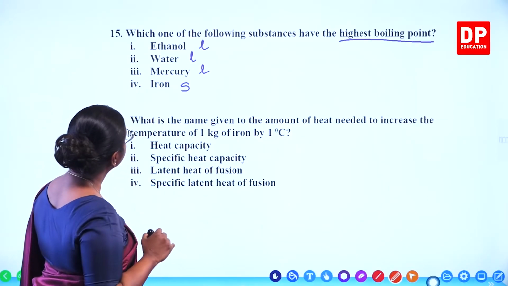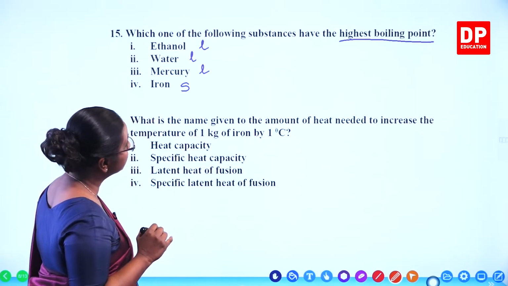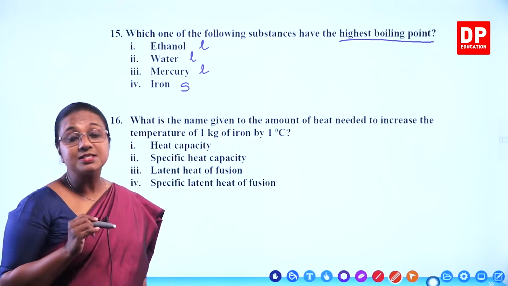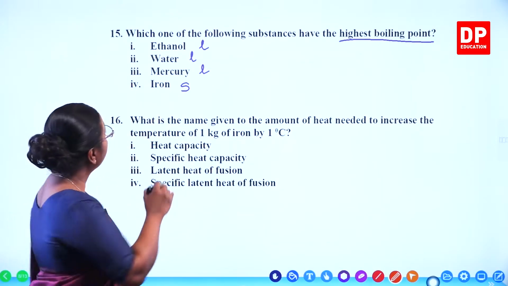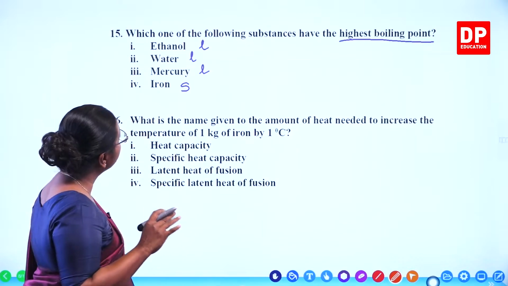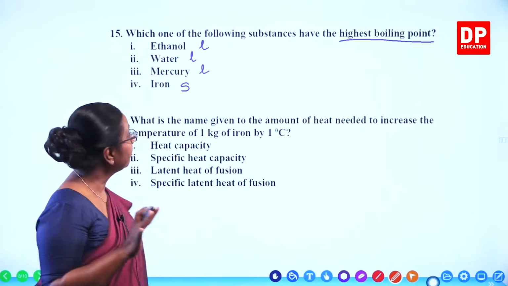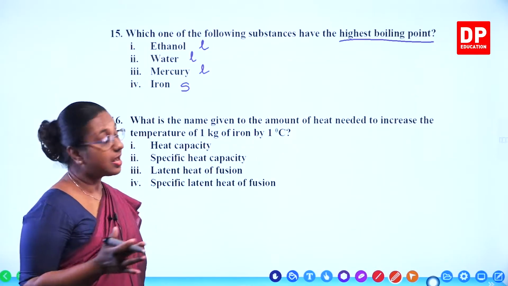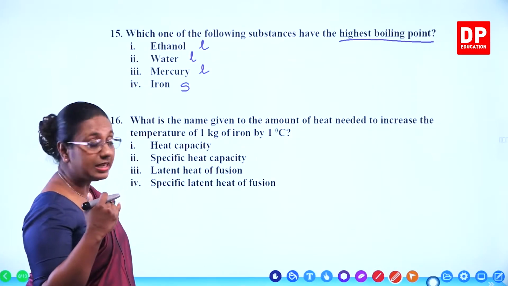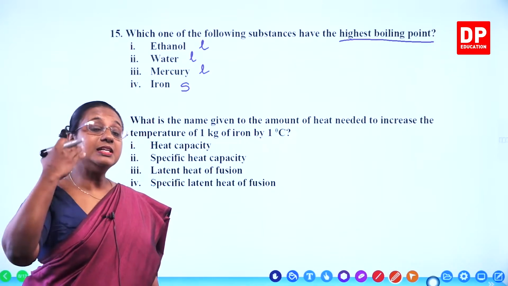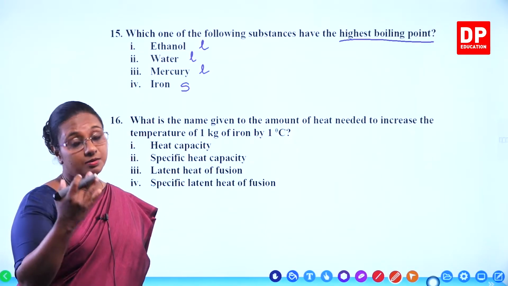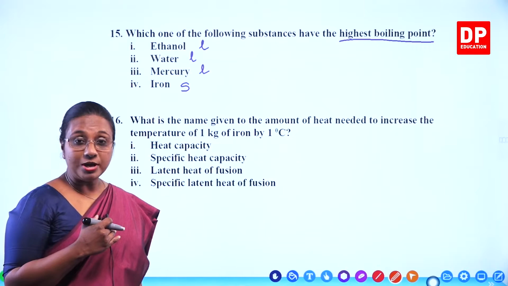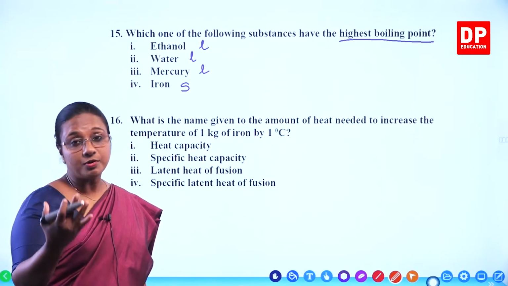The question is, which one of the following substances have the highest boiling point? Now the first three, they are all in the liquid state. You can remember the boiling point of water 100 degrees Celsius. But since all these are in the liquid state, they need a certain amount of heat to reach their boiling point and thereafter for boiling.